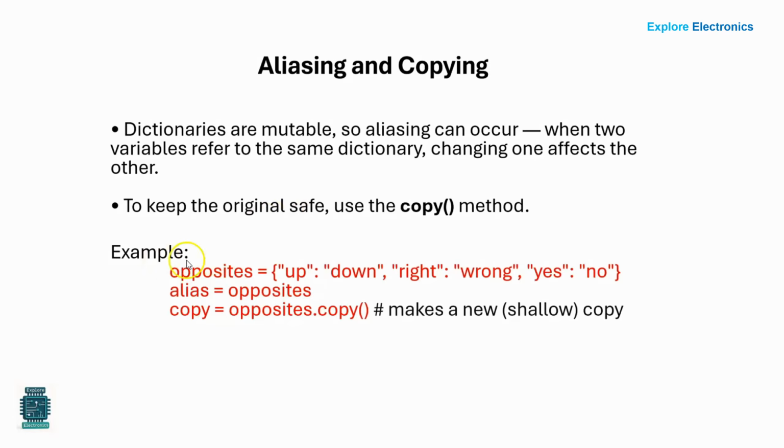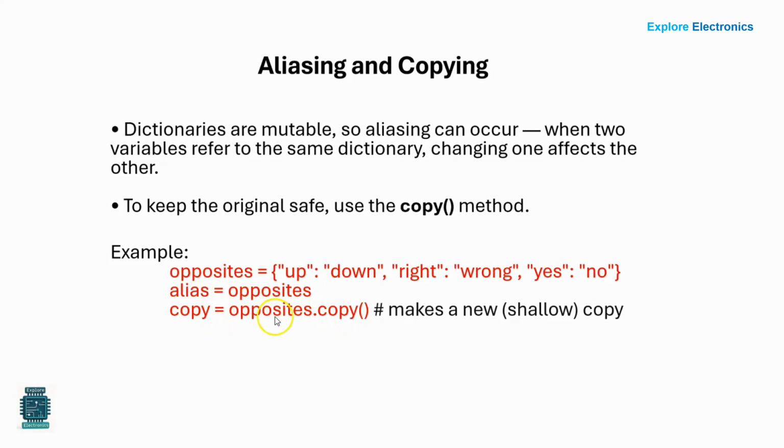Understood? For example, I have the opposite dictionary here. Up, down, right, wrong, yes, no. This is the opposite dictionary. Got it? Key value, key value, key value. This is the original dictionary. alias is equal to opposite, and alias also refers to the same opposite. copy is equal to opposite dot copy.